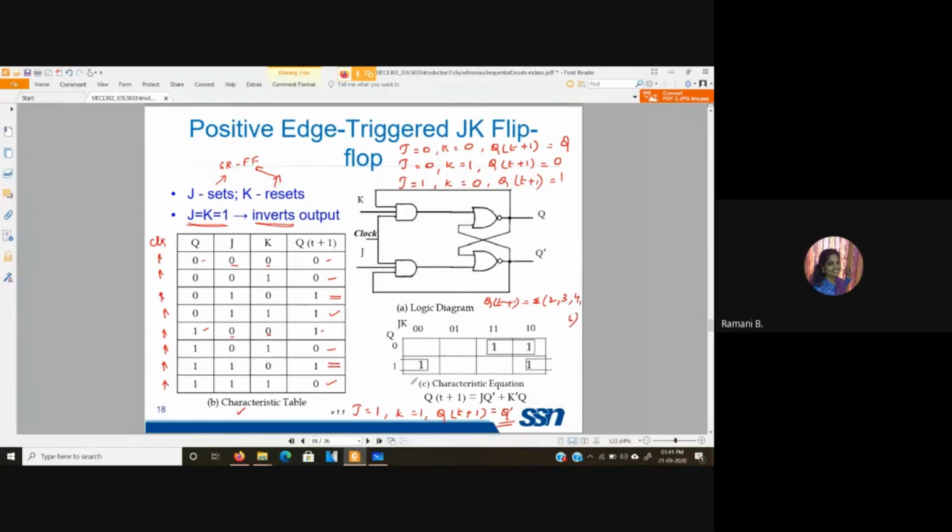Our aim is to cover all the ones, so we need just these two pairs. This gives me J Q bar, and this pair corresponds to K bar Q. So this is the characteristic equation of the JK flip-flop.